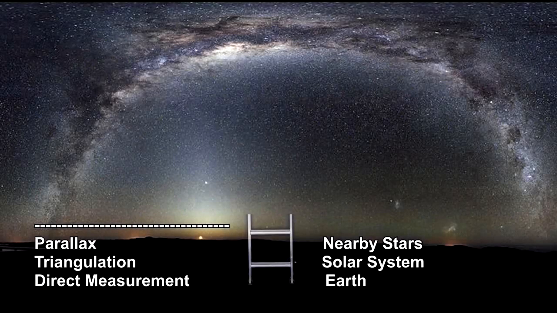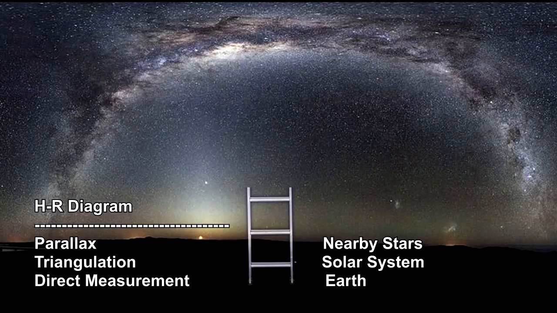In our segment on nearby stars, we reached as far as parallax can take us by using the space-based satellites Hipparcos and Gaia. But if that's all we had, we'd know very little about our galaxy and almost nothing about the universe beyond. But in this segment on distant stars, we introduced two new rungs for our cosmic distance ladder.